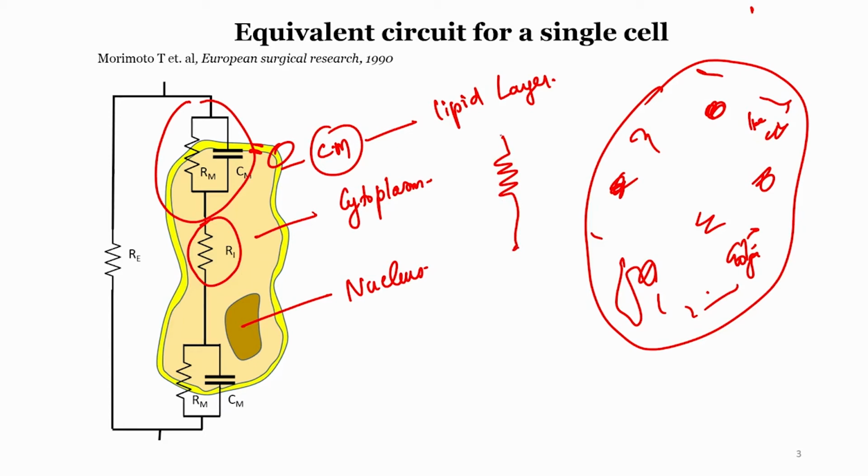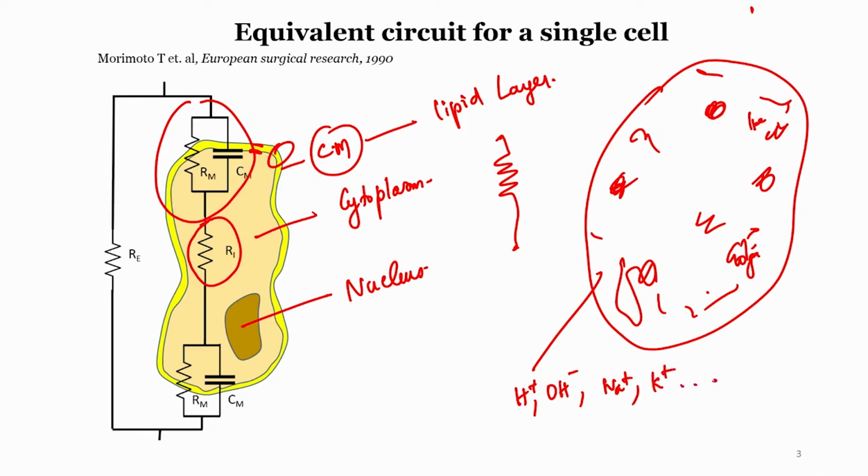This is where our basic circuit understanding needs to come in. The cytoplasm mostly consists of the liquid part, basically water in its ionic state, H plus and OH minus, and other ions like sodium ion and potassium ion.